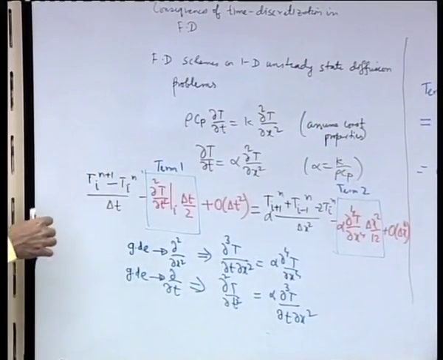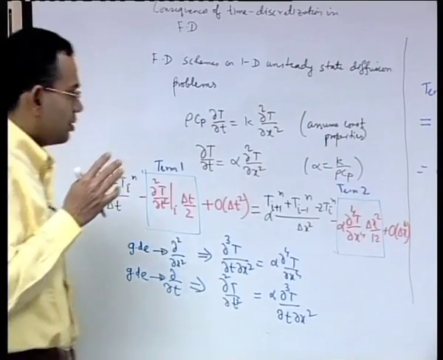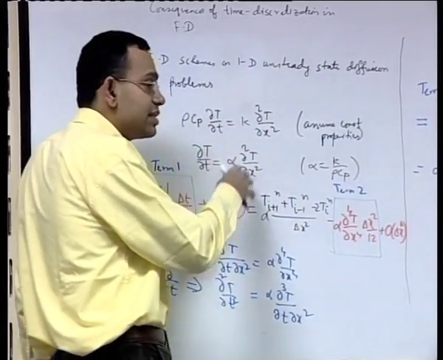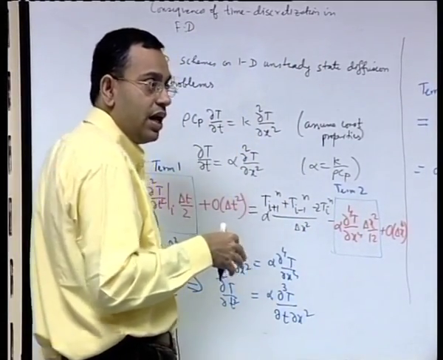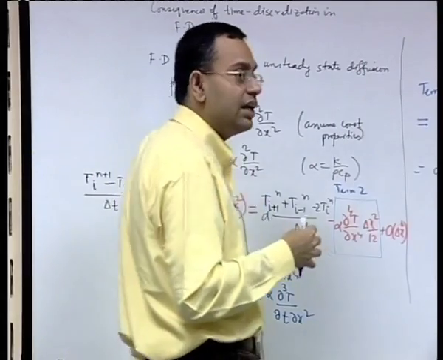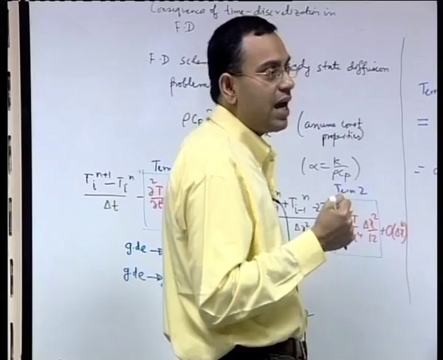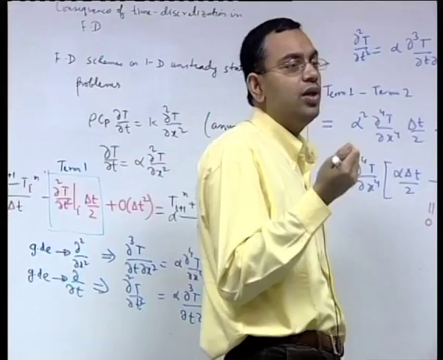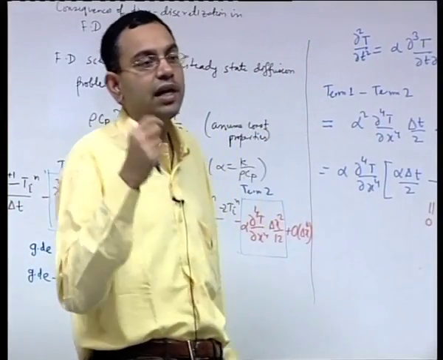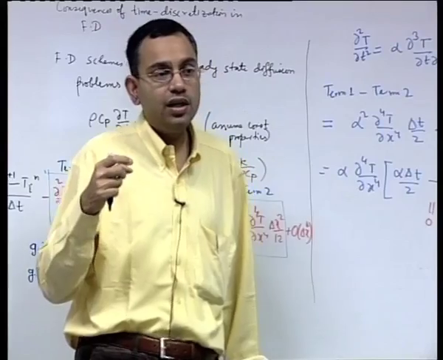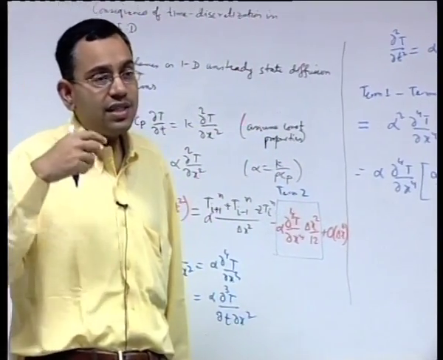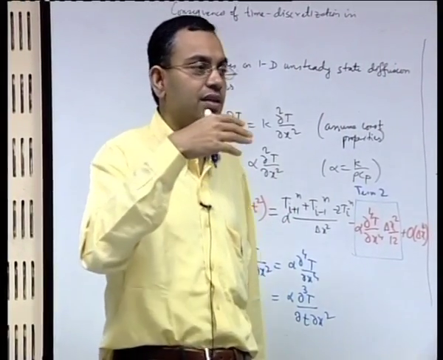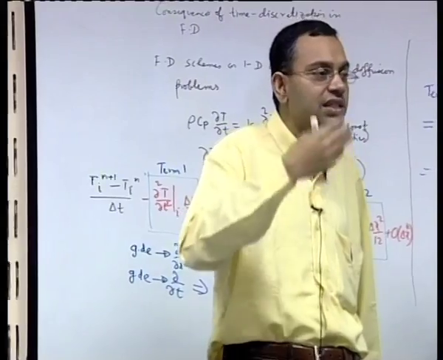The next important point that we will try to assess in the next class is whether the scheme is stable or not. What we mean by stability here is that if you have a perturbation in some numerical value, say of the temperature at a particular grid point, does that perturbation get amplified with time?